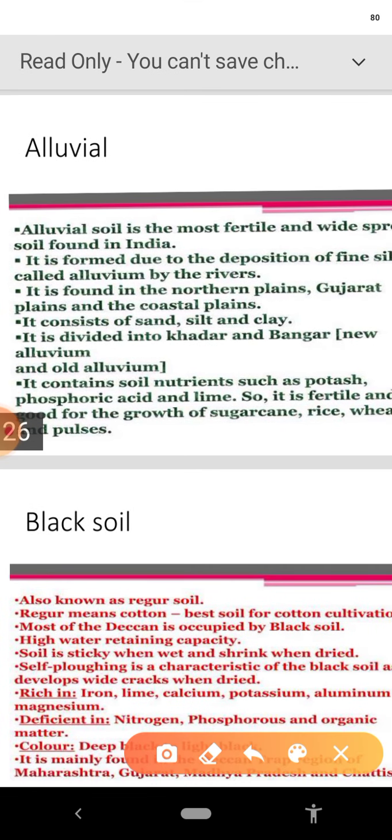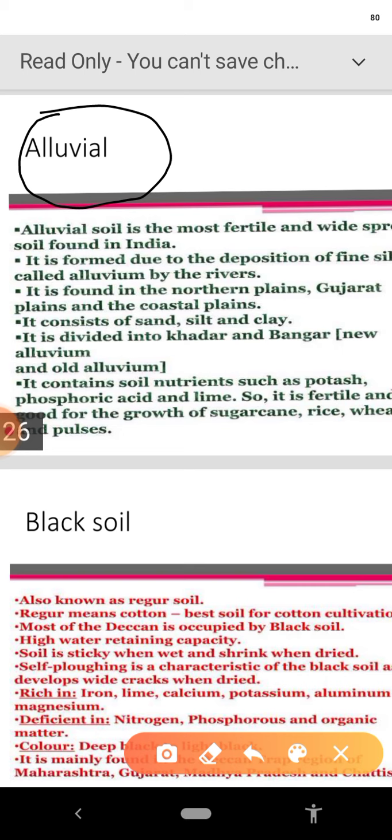With regard to some of the features, in this slide I have mentioned some features of the alluvial soil. Alluvial soil is young soil which is transported and deposited by rivers. They consist of varying proportions of sand, clay, and silt.